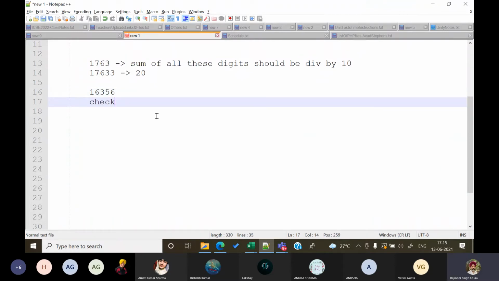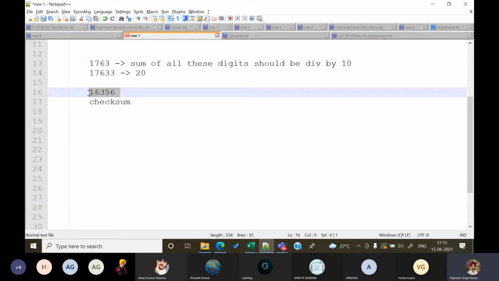So they perform something called a checksum. All right. Okay, so this kind of a system is done at various places.